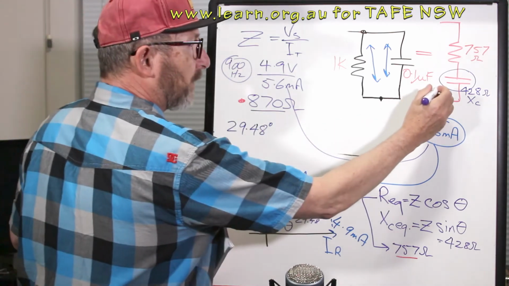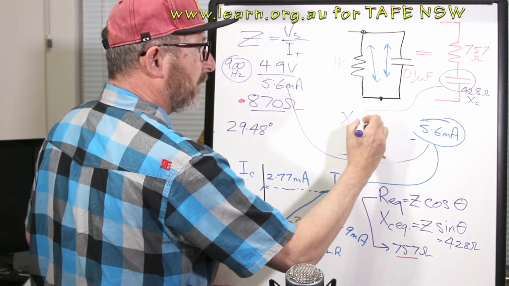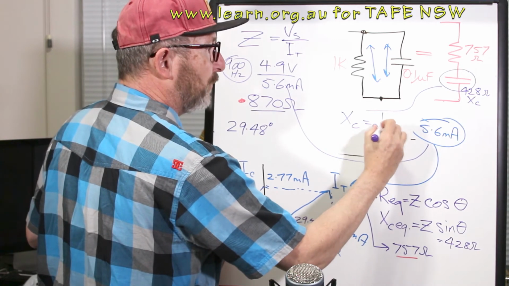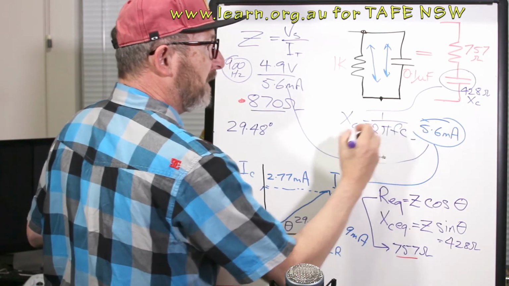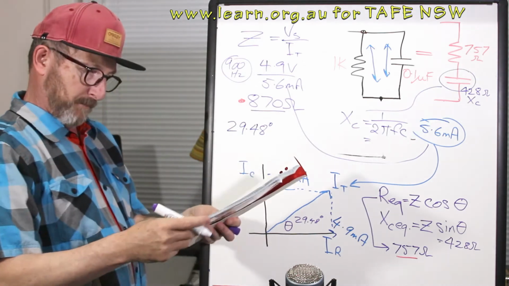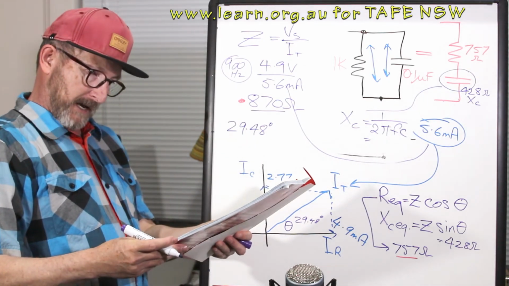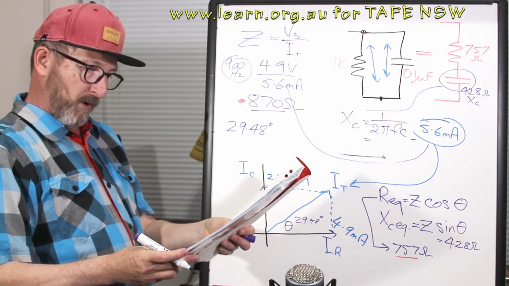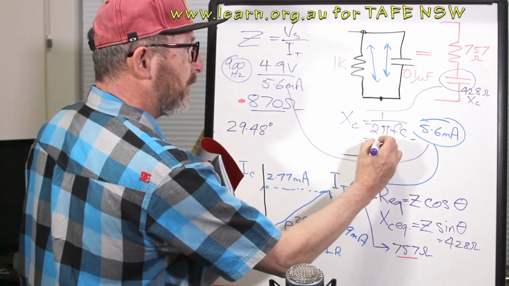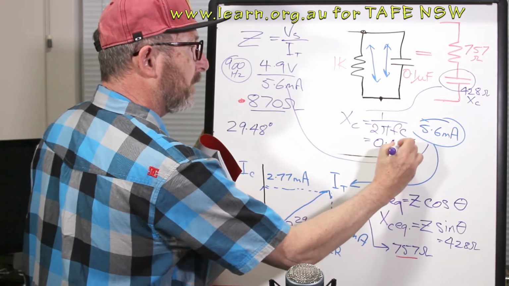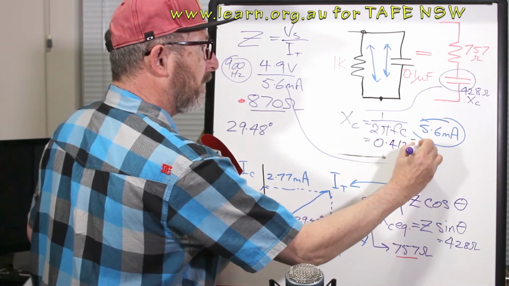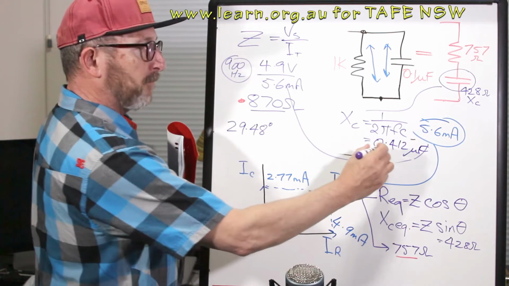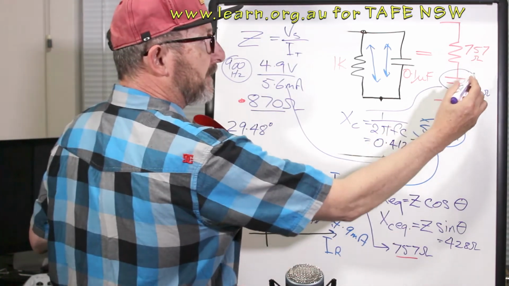And of course, the XC equation equals 1 on 2 pi FC. And after we transpose that and do the maths on it, I came up with 0.412 microfarad for this.